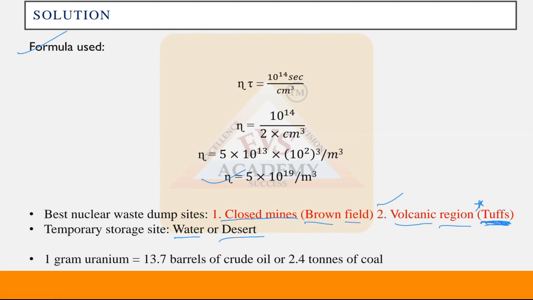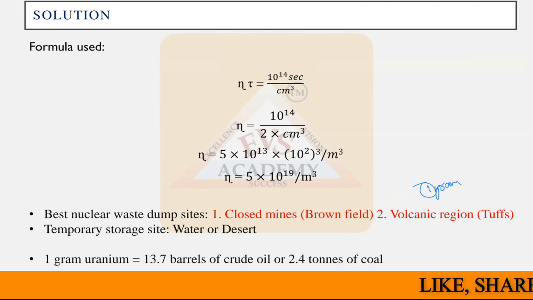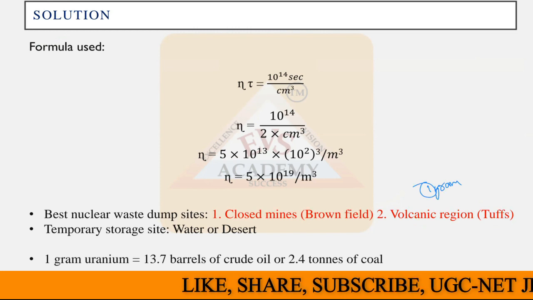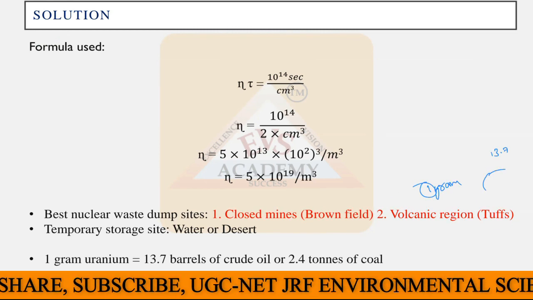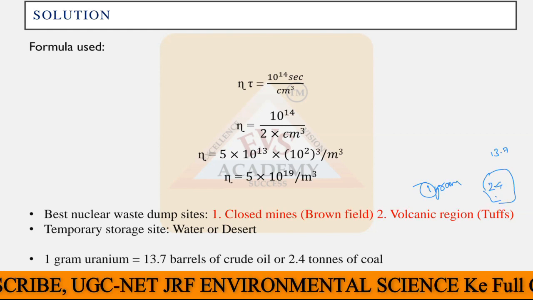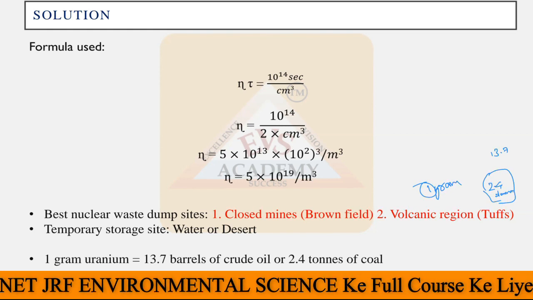And you have to also remember how much energy we are getting from 1 gram of uranium. Just imagine you have 1 gram of uranium that you are taking for the nuclear fission reaction, and on the other side you have 13.7 barrels of oil, or maybe 2.4 tons of coal. Both will give you an equal amount of energy.